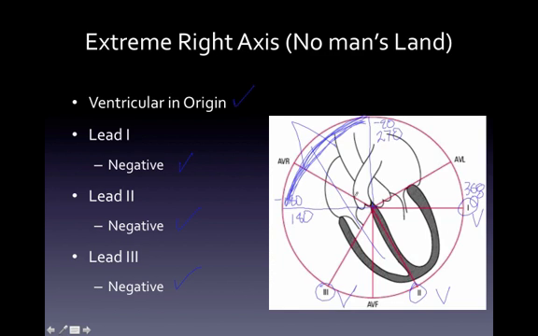So if the machine gets confused because you do have things like VTAC, it could give you anywhere between 190 to 270 degrees or negative 90 to 180, either one. In either case, it's considered an extreme right axis deviation, and it would help us determine ventricular tachycardias.